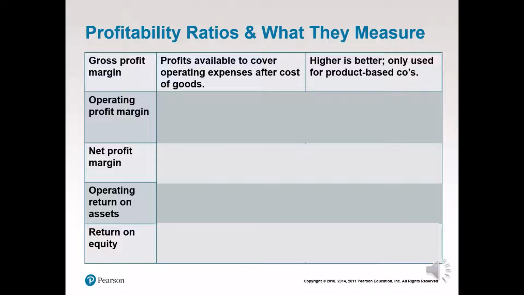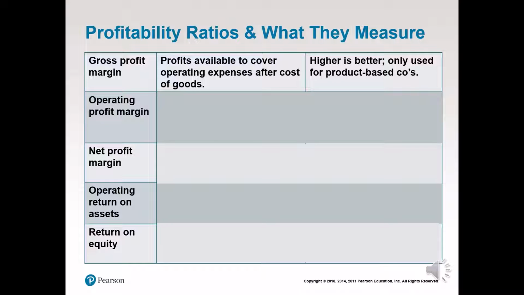This gross profit margin is a really important number because it is the first profit number on the income statement, and it shows you the amount of profits that you have to cover all the rest of the expenses of the business. We can only say that a higher gross profit margin is better than a low gross profit margin because companies are so different.